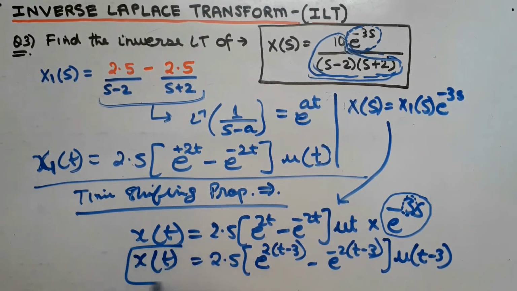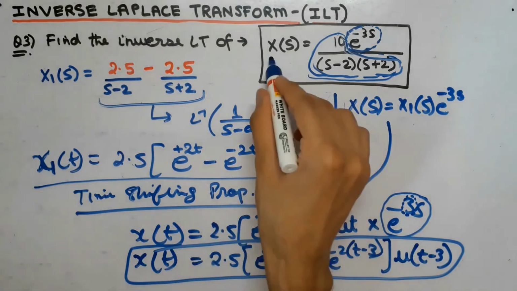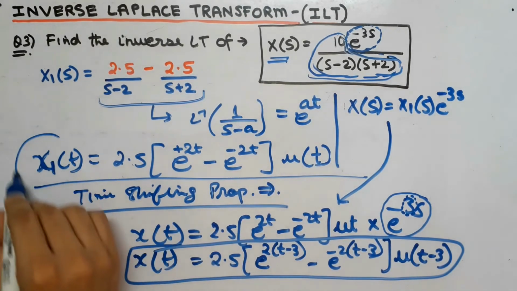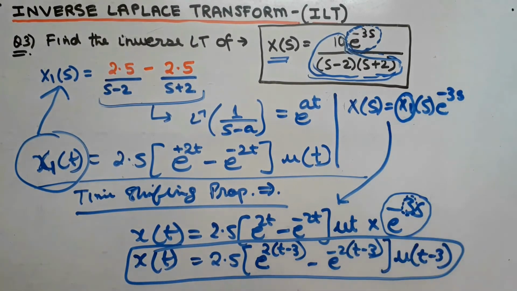Now we have got our final answer, that is we have adjusted the value of e to the power minus 3s and got the value of x(t) for X(s). This value that we found was only for X1(s), that is this part, as we had previously assumed without the e part.